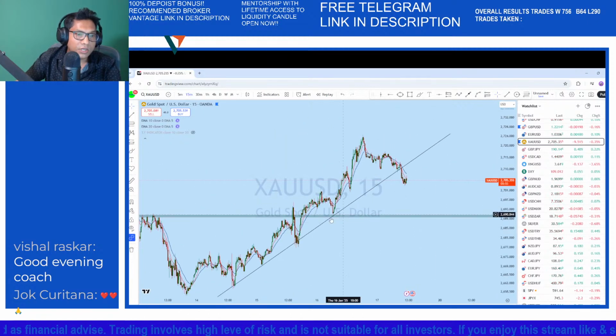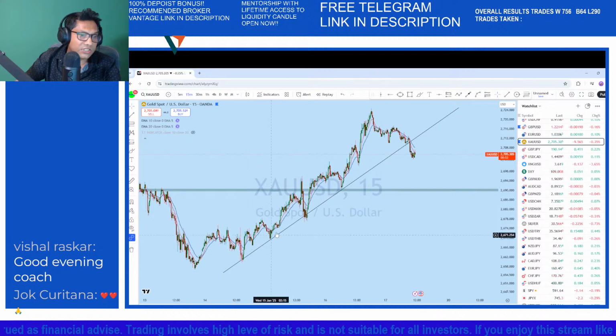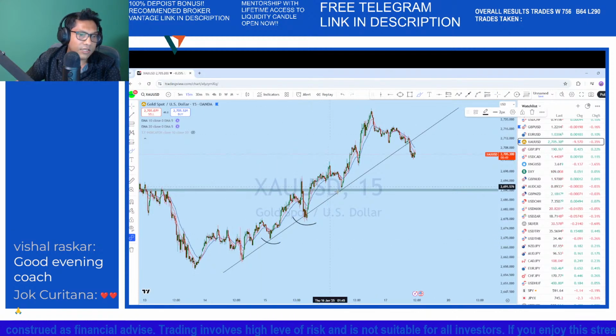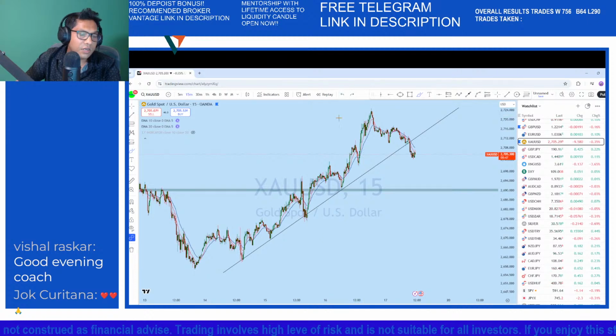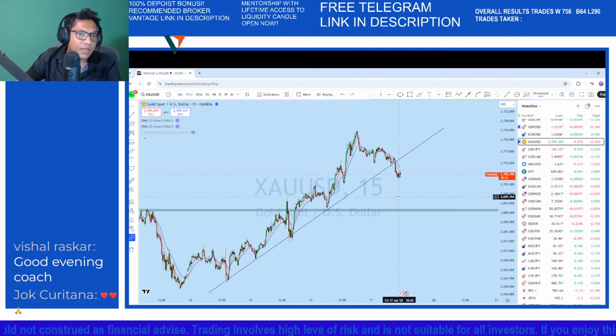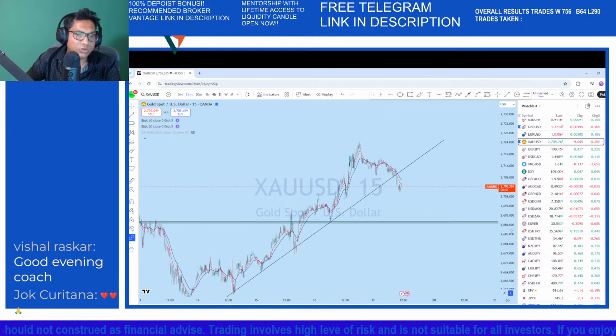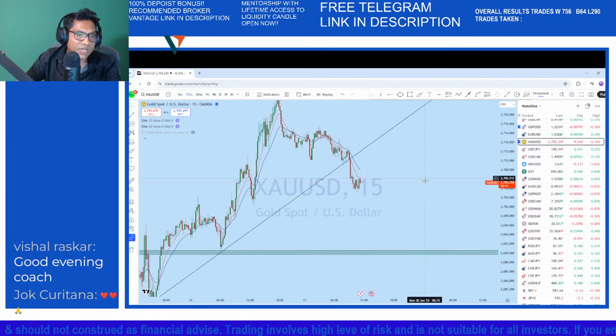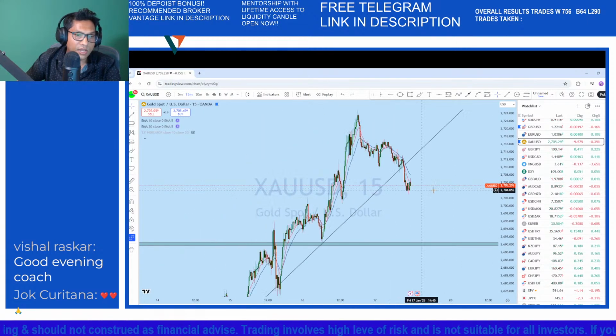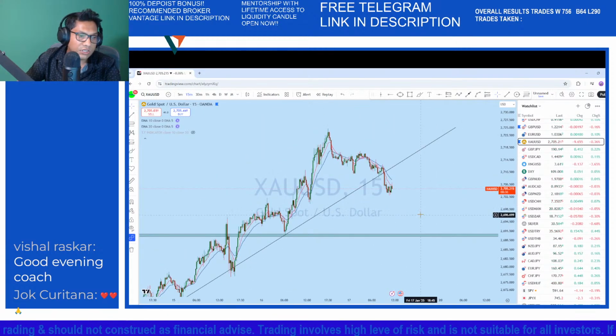Okay, so as the market is forming a series of higher lows, we can see the price is moving back up in that series of higher low formation, and expecting for the price to return back to the upside to find out where we can find trading opportunity in this market.